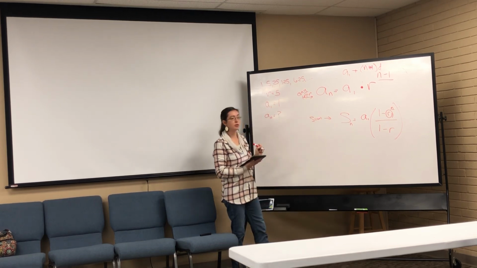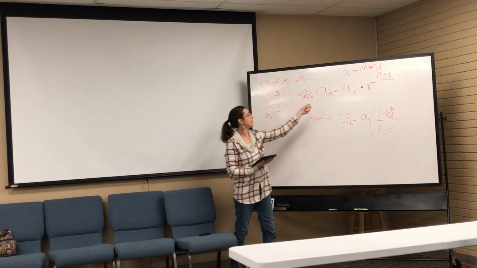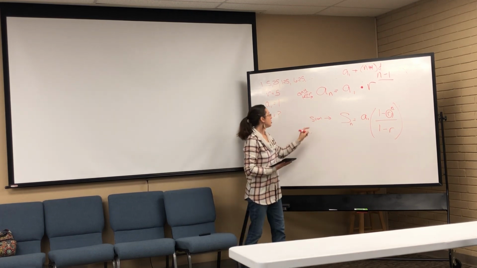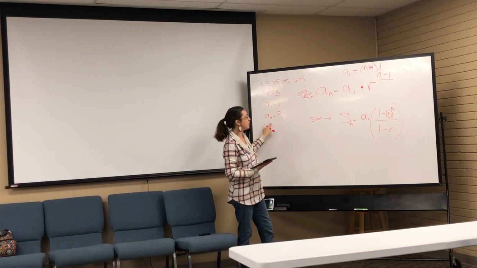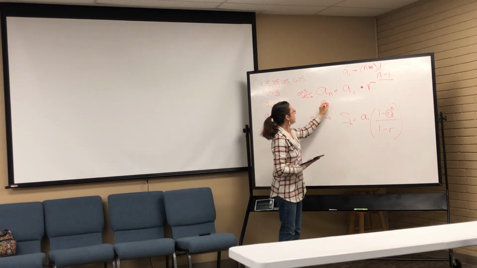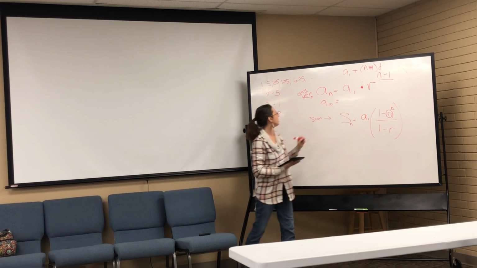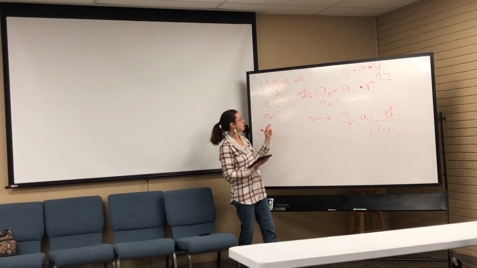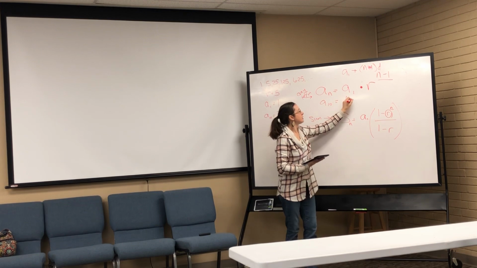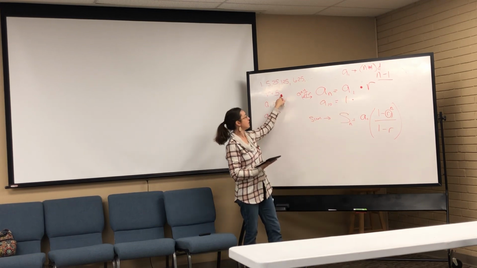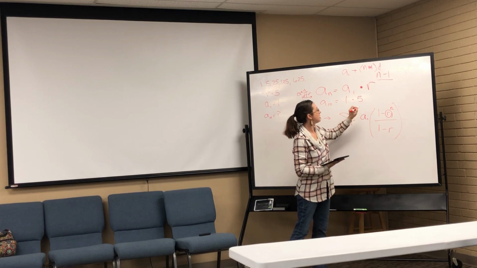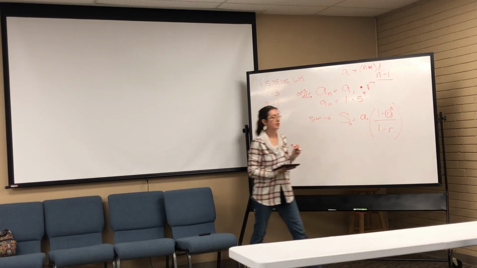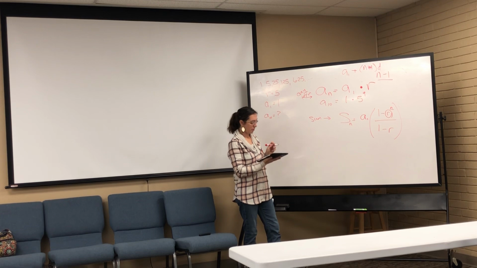So which one are we going to use first? Any term, okay? So if I want to find my 10th term, I'm going to say a sub 10 is equal to a sub 1, which is 1, times, what's my r? 5. 5 times how many jumps? 9. 9 jumps, okay?